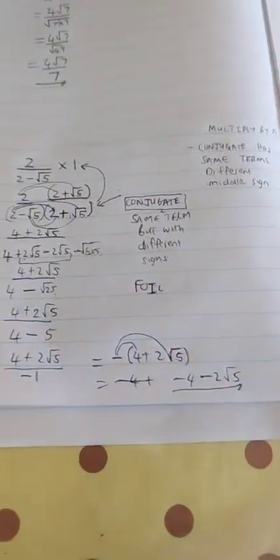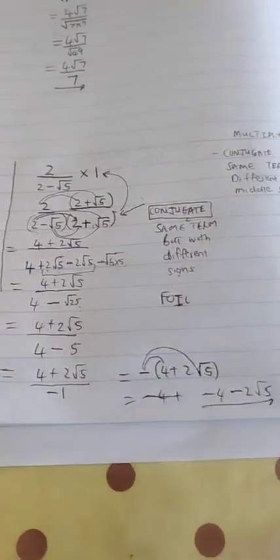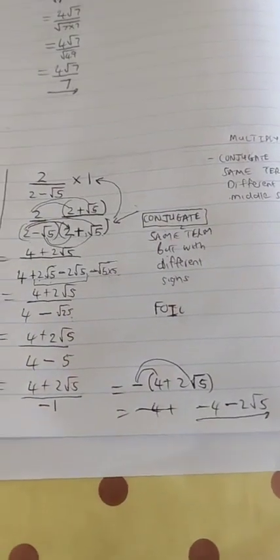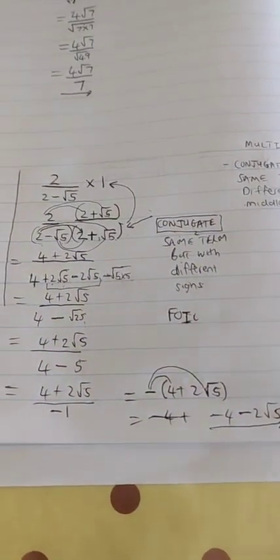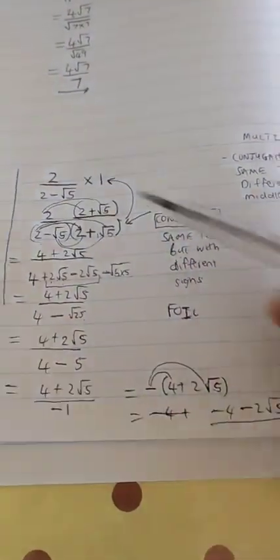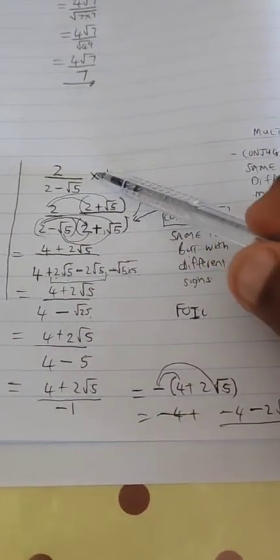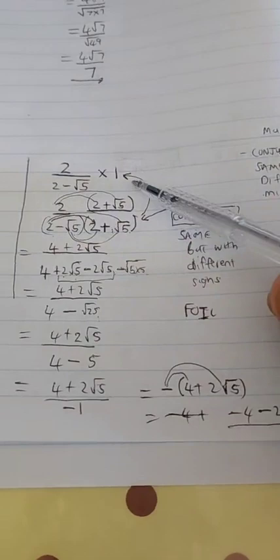This is our final answer. No surds anymore in the denominator. And we've successfully eliminated the surd that we initially had by multiplying by a special form of 1.